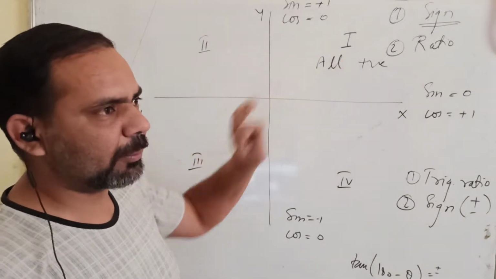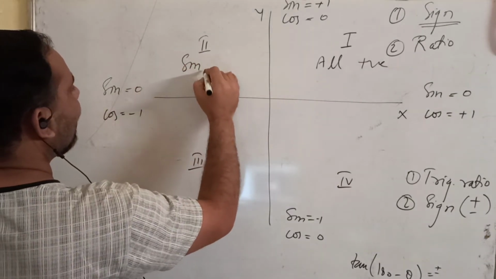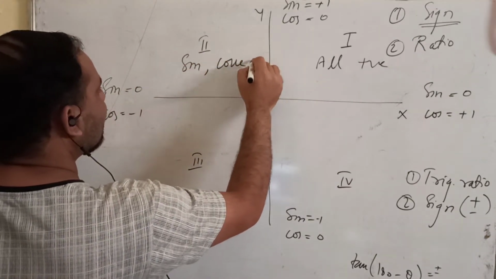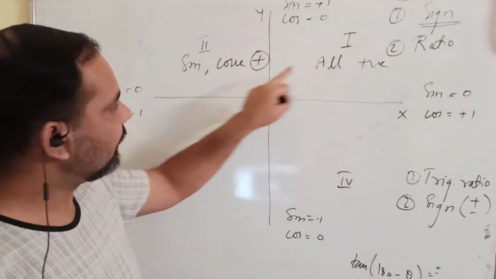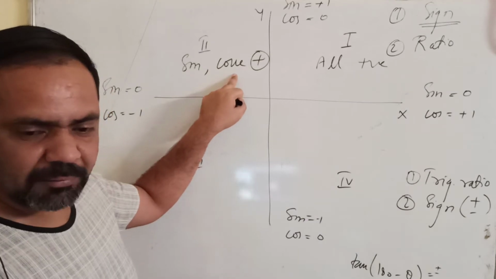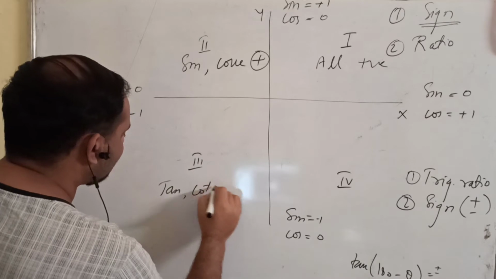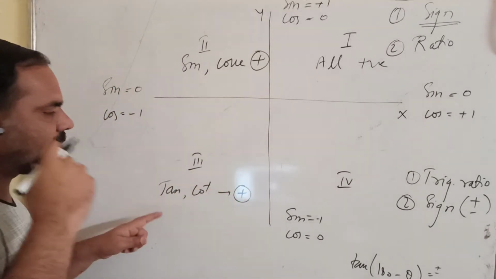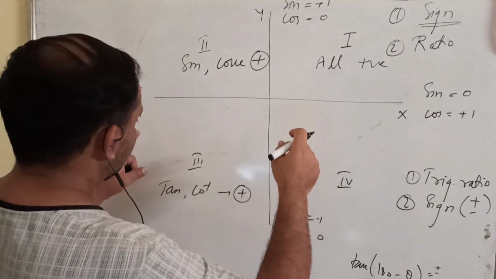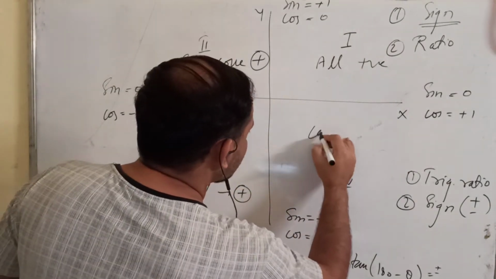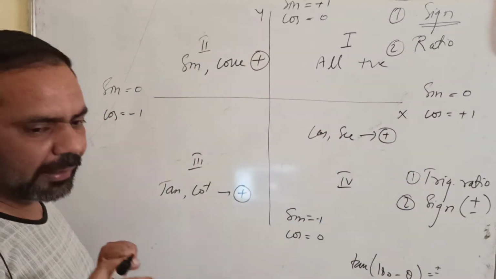In the second quadrant, sine and cosec are positive, others are negative. In the third quadrant, tan and cot are positive and others are negative. In the fourth quadrant, cos and sec are positive and others are negative.